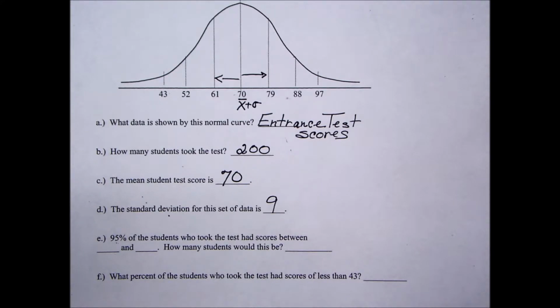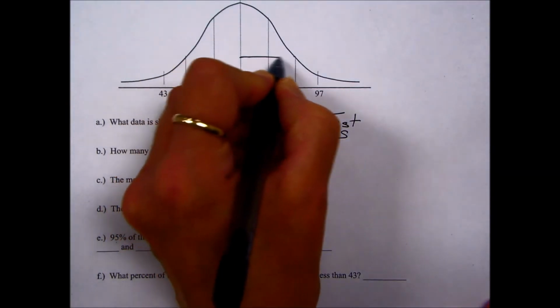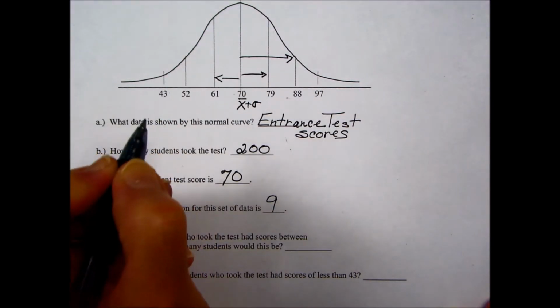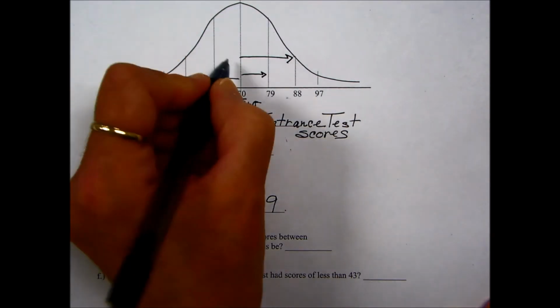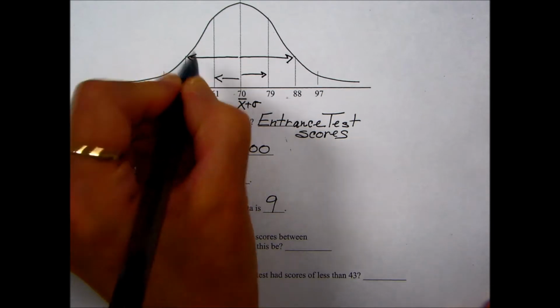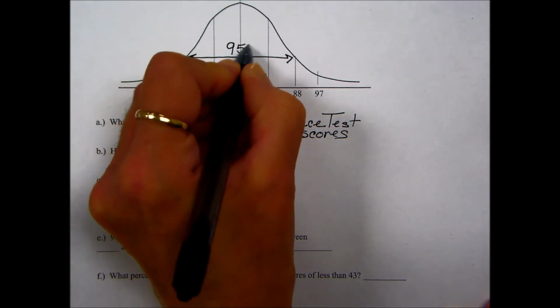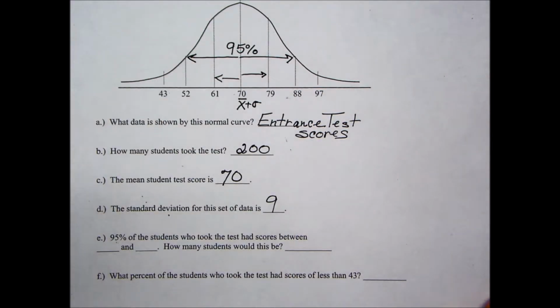E, 95% of the students who took the test had scores between blank and blank. 95% is found by taking 2 standard deviations above and 2 standard deviations below the mean.